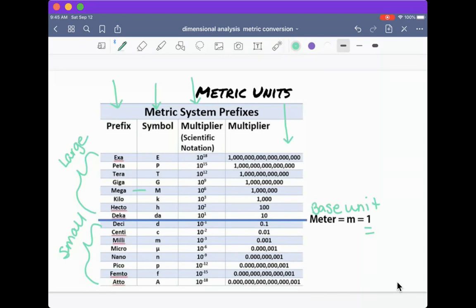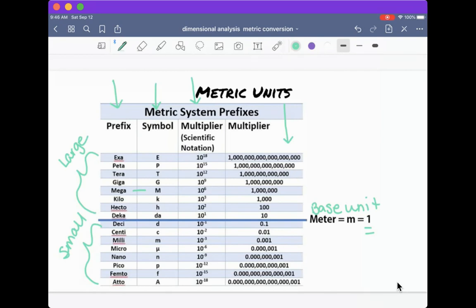So we use scientific notation, and that is what you see in this column here, your 10 base with your powers, because it would be a pain to have to write out all of those zeros if I'm converting between a gram and a hexagram. So this column here, the scientific notation column, is the most common you'll see.